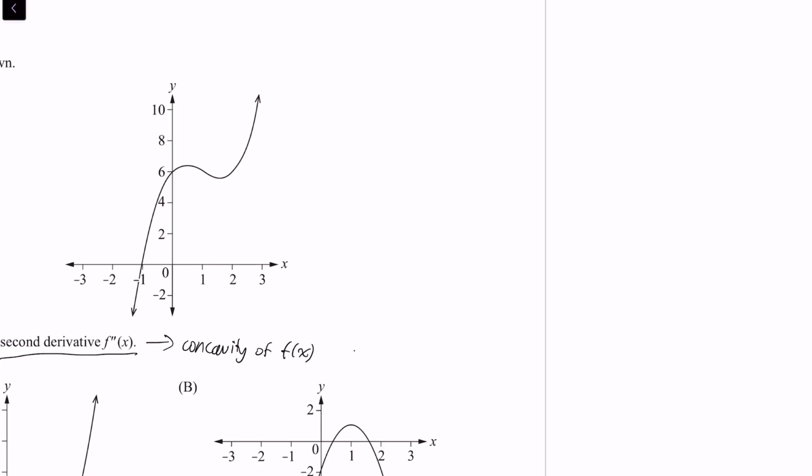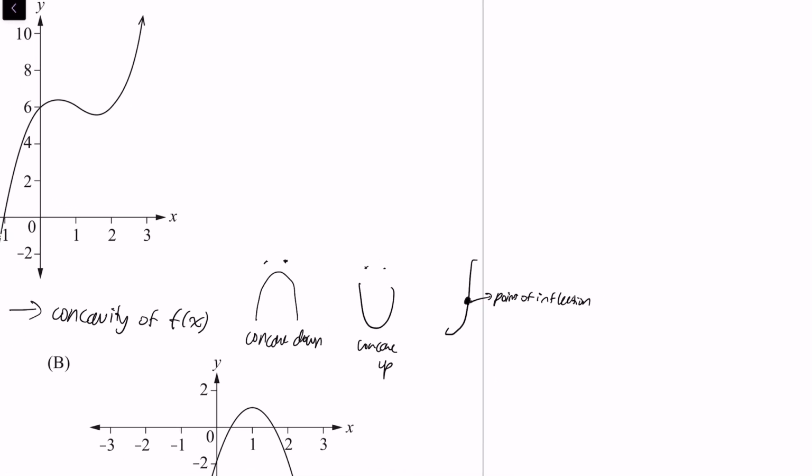So we have a concave down, which if you think of a sad face, you can remember that's concave down, and concave up is like a happy face. So concave up. And then we have a point of inflection, such as this point right here, where the concavity basically changes sign.